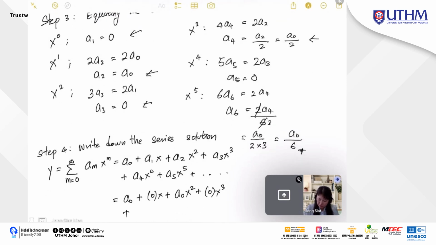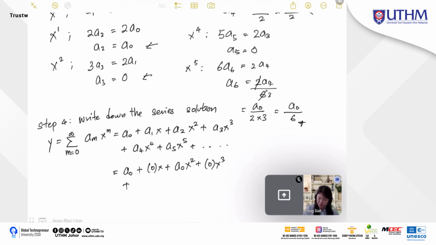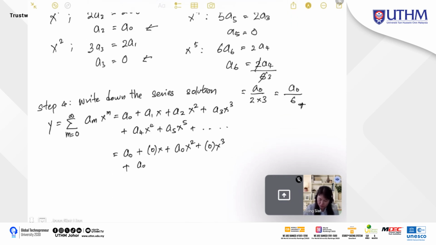Then plus a4, which is a0 over 2, x power of 4. Then a5 is 0. Then a6 is a0 over 6 x power of 6.